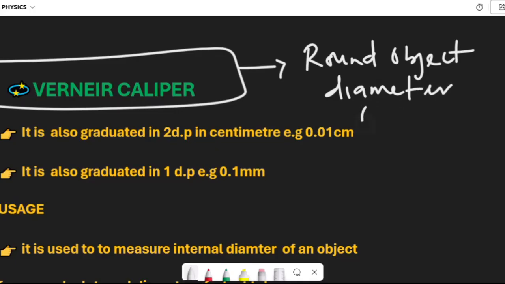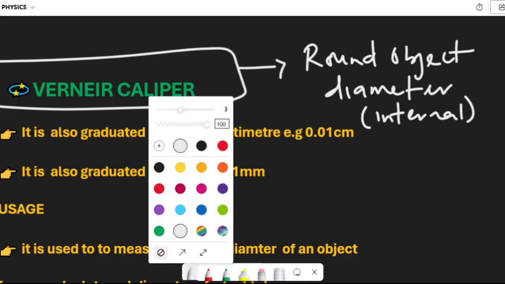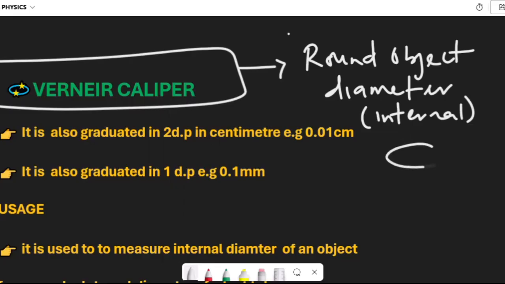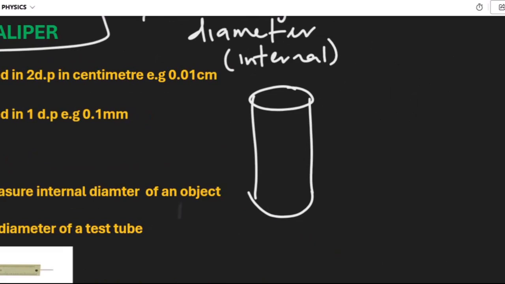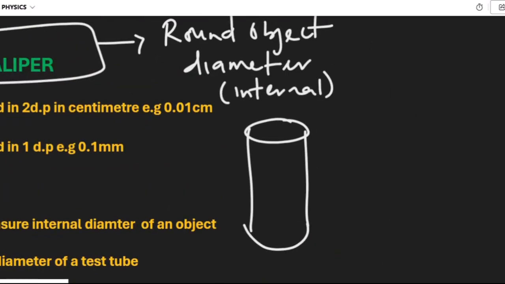Sometimes they call it the internal diameter. That's what we use the vernier caliper for. Example, let's assume I want to measure the internal diameter of a test tube. A test tube is an apparatus used to hold reagents during experiment.